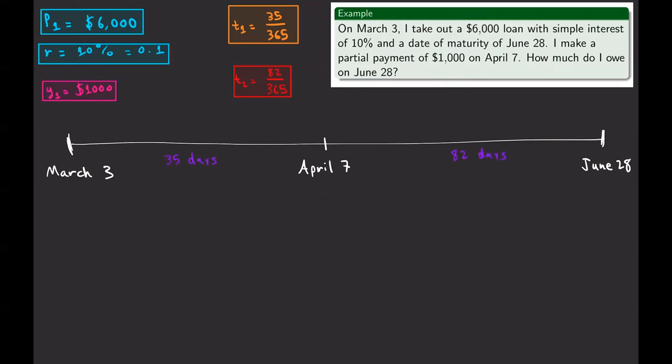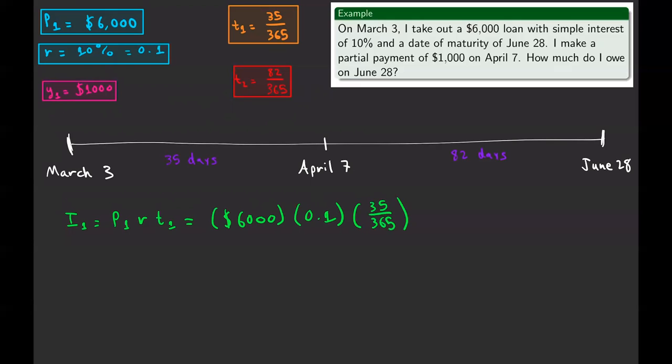And so we can calculate the interest that is accrued in each of these sections. So let's start off with I1 is equal to P1 times R times T1. And that P1 is going to be 6,000 multiplied by our interest rate of 0.1, and then multiplied by the time T1, which is the 35 days, but written in years, so 35 over 365.